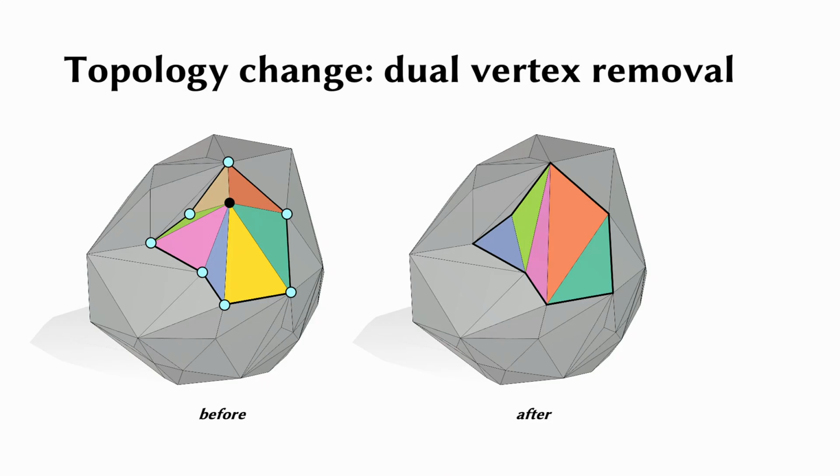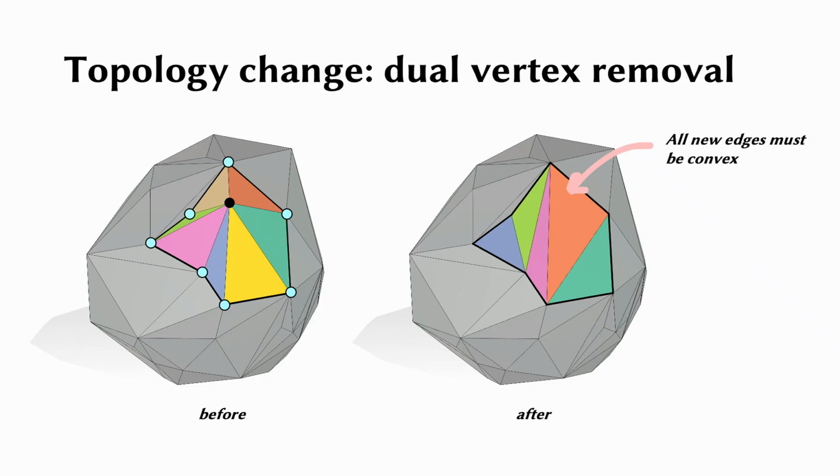So if I want to remove this vertex here, I'll delete it. I'll have a one ring of dual vertices around it, and I need to re-triangulate those. Their topology is determined by the geometry. We need to connect the edges here so that each of the edges is convex.